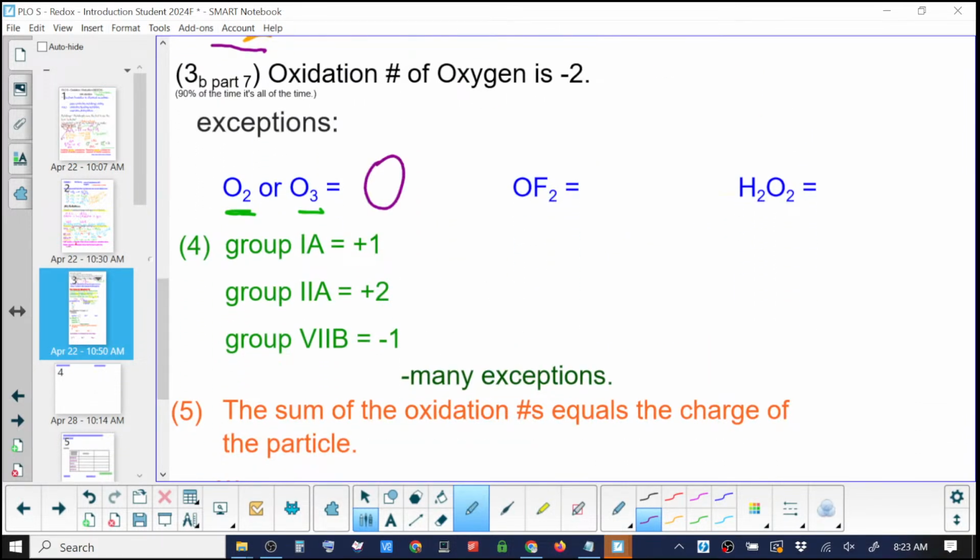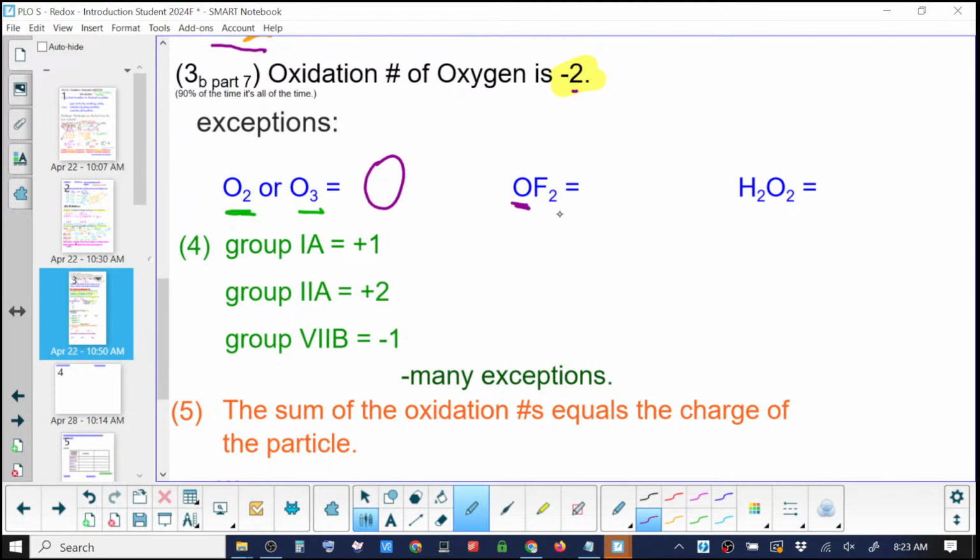Now, normally oxygen is minus 2. These are all the exceptions. What would it be with fluorine in this particular case? 4? Maybe. Why 4? Because oxygen is -2 and fluoride is -1. No. Oxygen isn't, this is an exception. Oh, then I don't know.